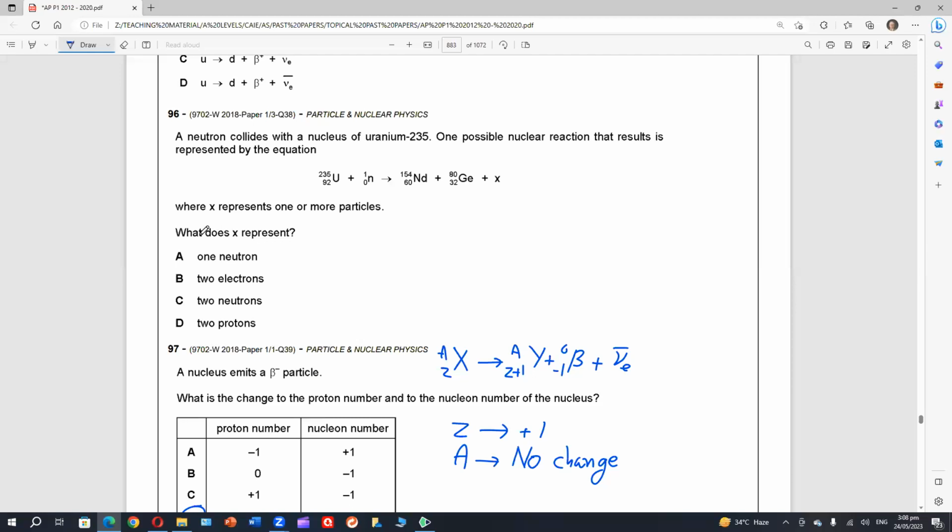So we need to balance the numbers. There is 235 plus 1 on the left hand side, so it is 236.